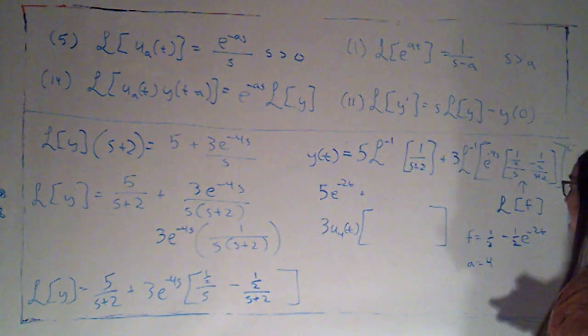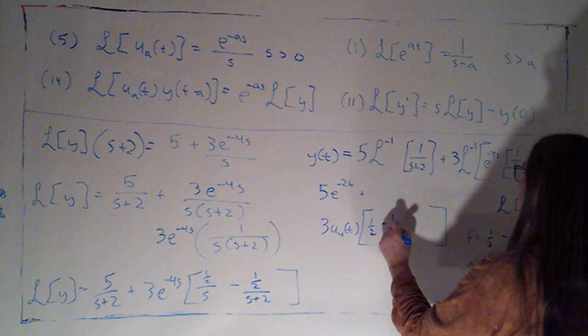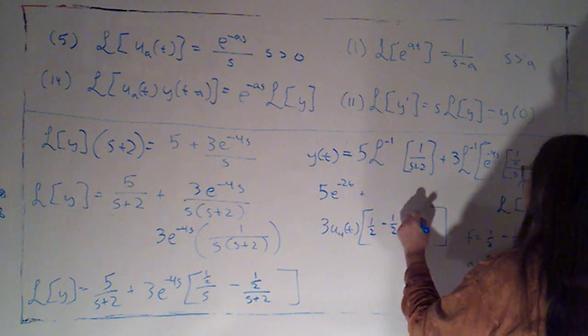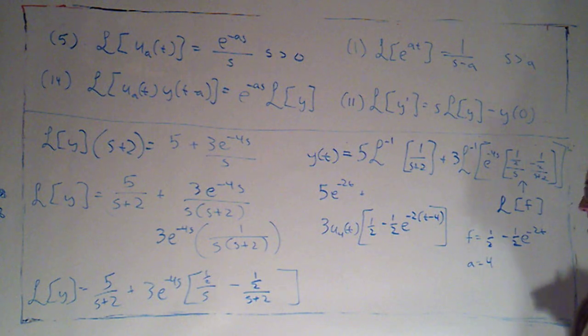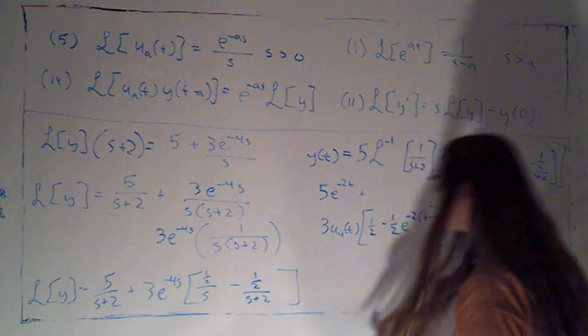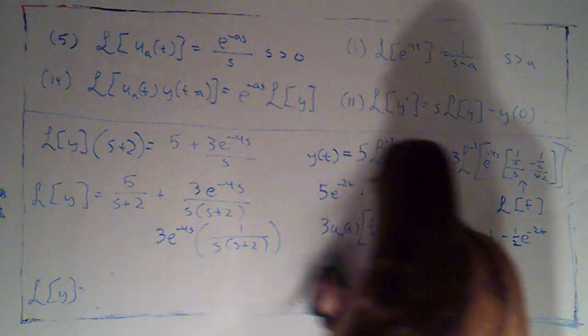So in this case at t minus 4. So I'm going to get 1/2 minus 1/2 e to the negative 2 times t minus 4.